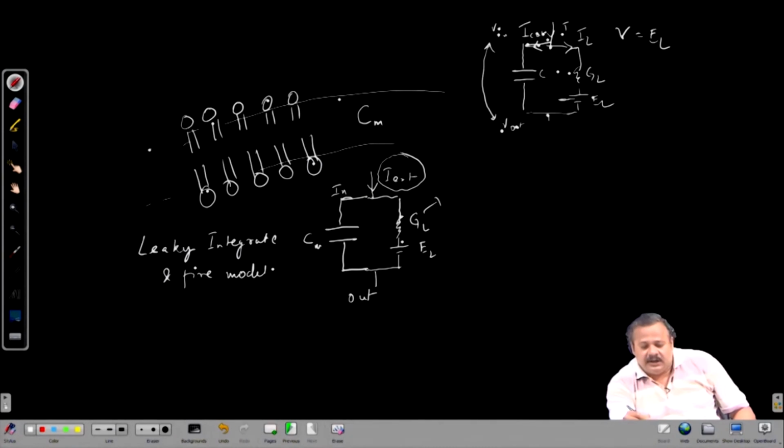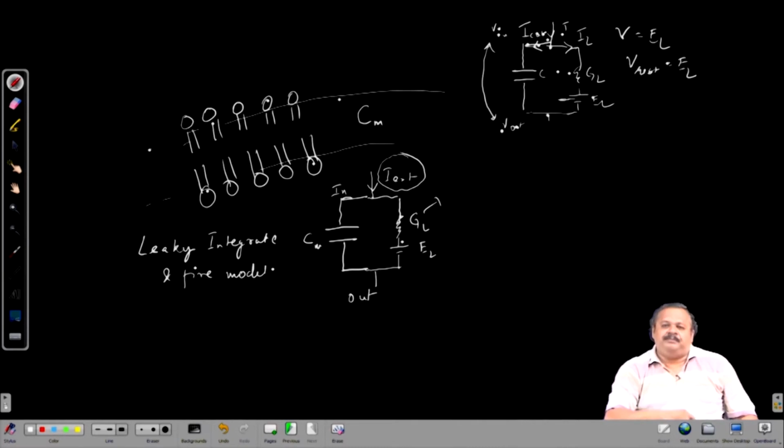So, essentially our V rest, if you let this system start from anywhere and let it sit for a while, eventually the membrane potential will go to V rest, which is nothing but that E leak, the potential at which the leaky channels do not allow any current to flow through them.